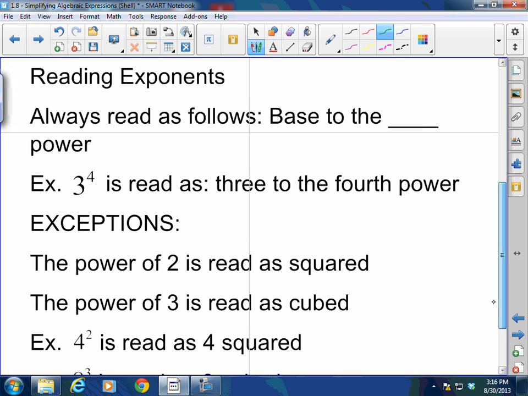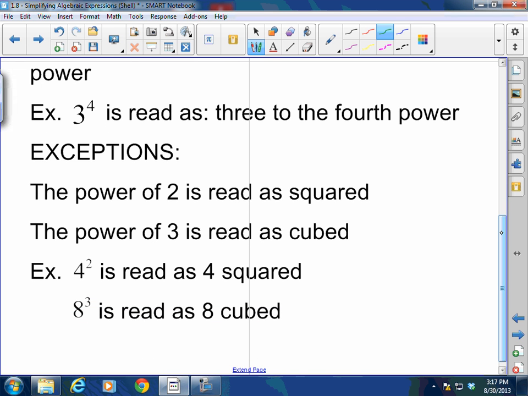Now, reading exponents. This is a very good skill. Always read exponents as follows: the base to the blank power. For example, 3 with an exponent of 4 is read 3 to the 4th power, 3 to the 5th power, 3 to the 6th power, 3 to the 7th power. Very simple. There are 2 exceptions, though, where you don't say the blank power.